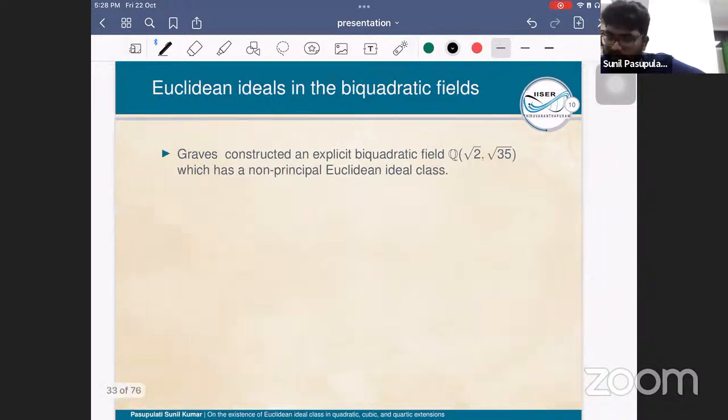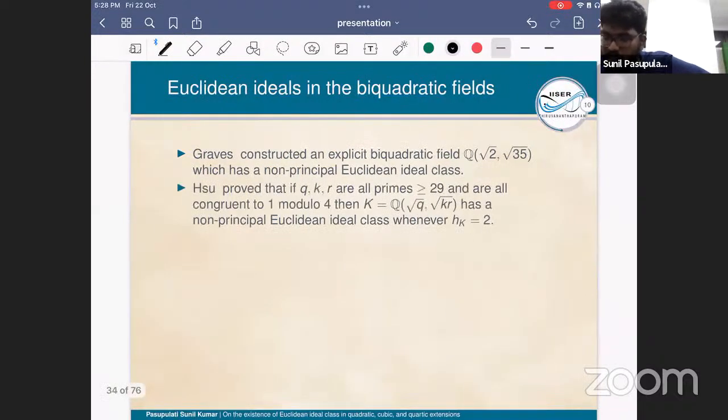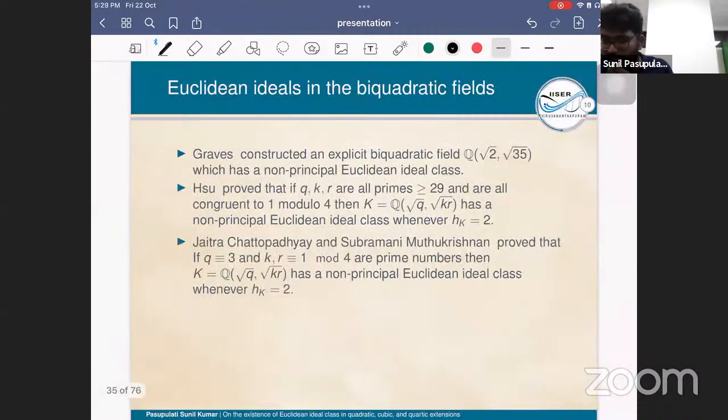This was generalized by Hsu, who proved that whenever K is Q(root q, root kr) with class number 2, and with some other conditions, including that all the primes considered have to be greater than or equal to 29, it has a non-principal Euclidean ideal class. This was much more generalized by Jaitra Chattopadhyay and Subramani Muthukrishnan.